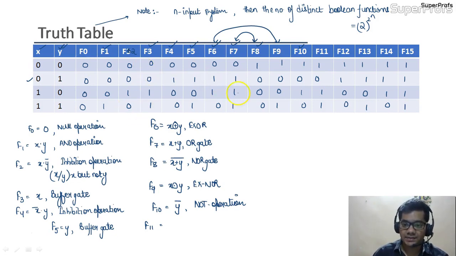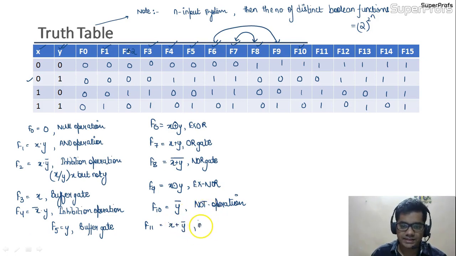So the final expression that we are writing for this F11 function would be X plus Y bar. Okay, this is known as implication gate.